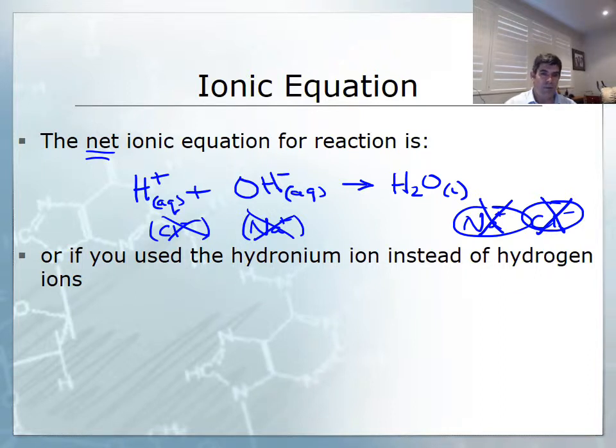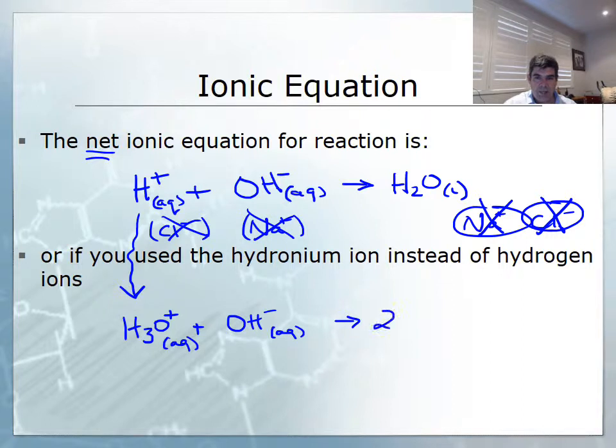Now, we've also talked about the fact that the hydrogen ion can also be regarded as a hydronium ion, an H3O+. If we combine that with OH- ions, again, aqueous, then this time we will have 2 H2O. But nevertheless, still a neutralisation reaction, as the hydronium ions react with the hydroxide ions in order to form water molecules.